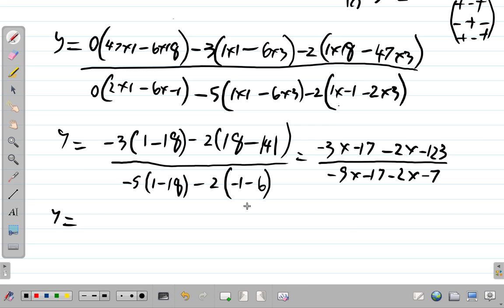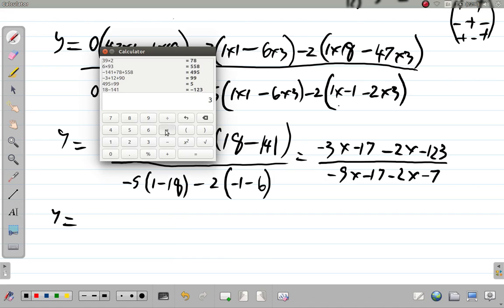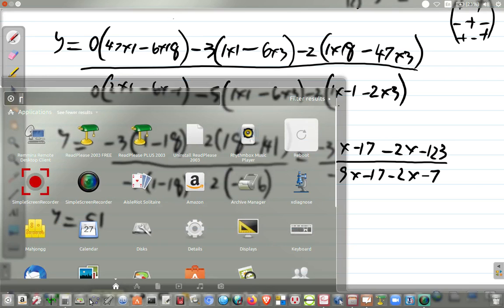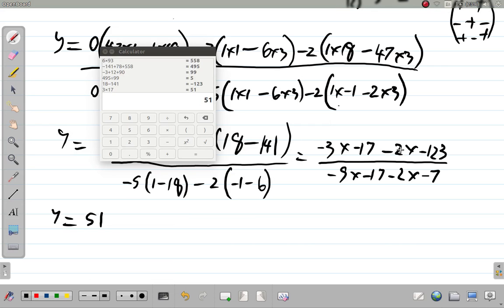So when we work it out, we're going to get 3 times 17, that's 51, and it's a positive because you have a negative 3 times a negative 17. And then this will be a plus, minus 2 times negative 123, so it's a plus 246.